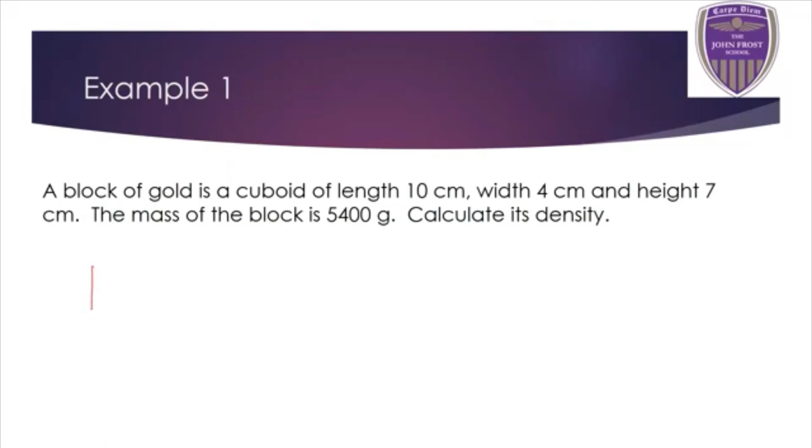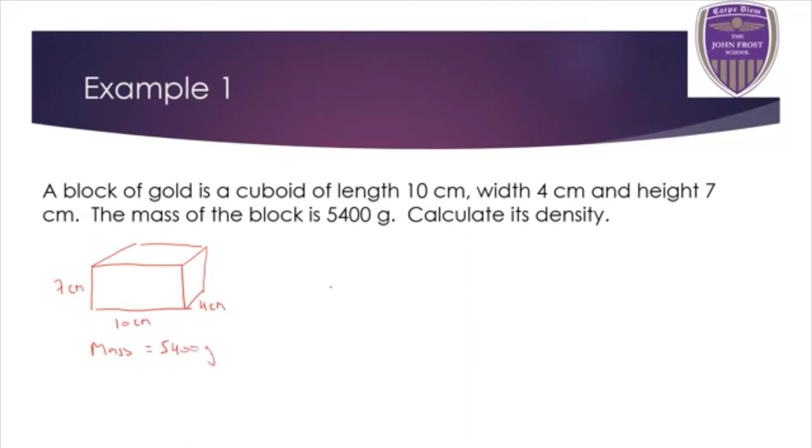I'm going to draw a picture to help my brain here. So I'm going to draw a cuboid, like this. Remember, it's a 3D rectangle, like a cereal box, for example. It's got length 10 centimeters, width 4 centimeters, and height 7 centimeters. And the mass is 5,400 grams.